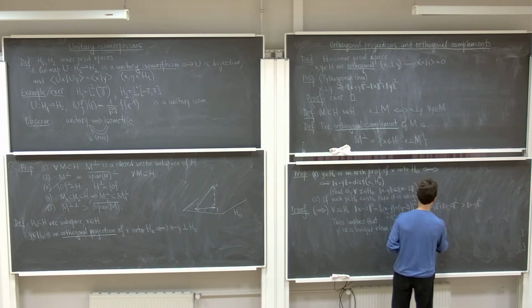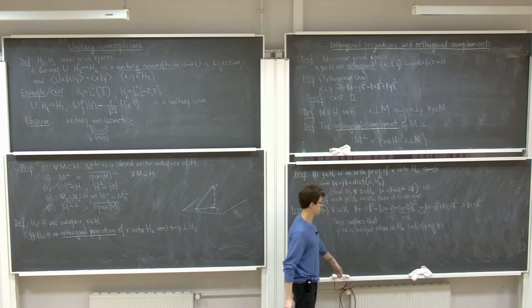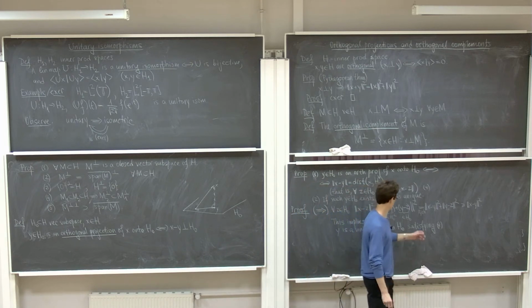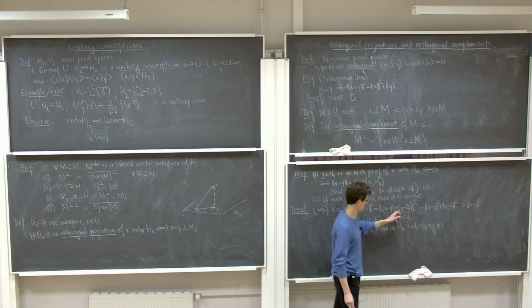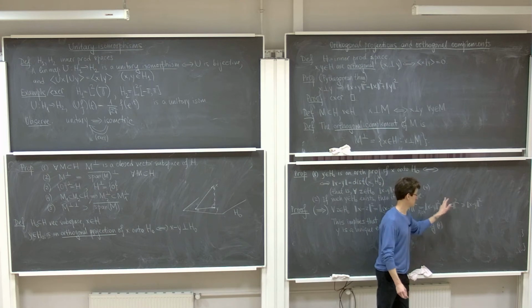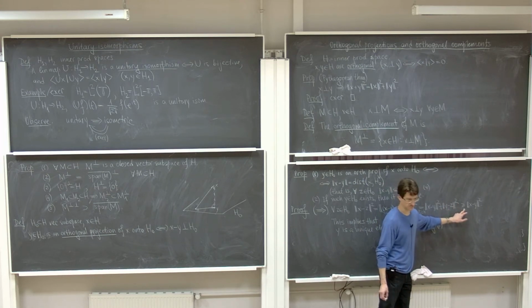This is a unique nearest point, because if y is different from z, then this is strictly positive, and the inequality is strict.